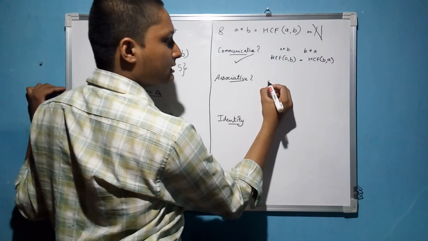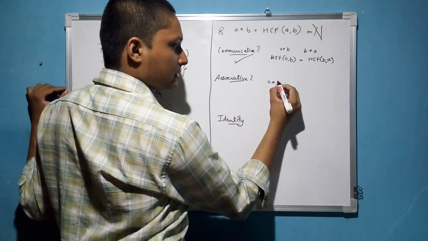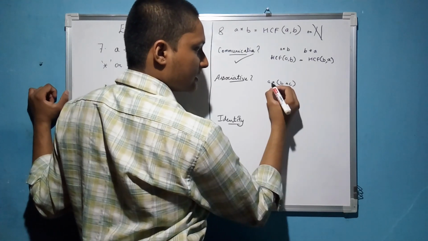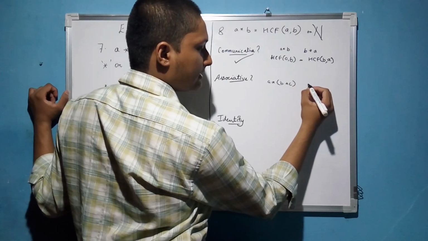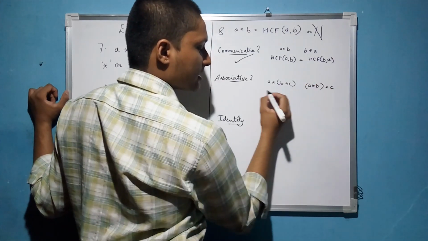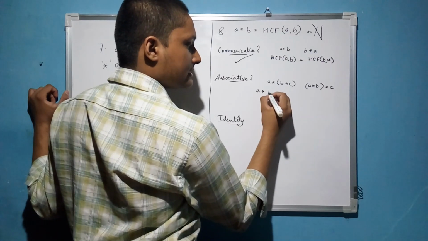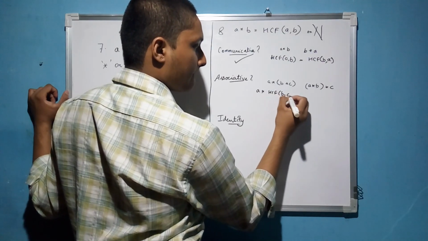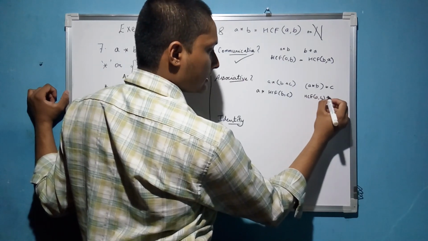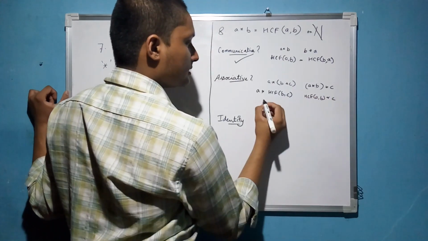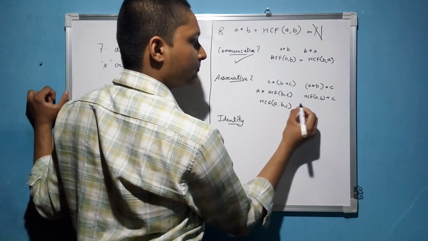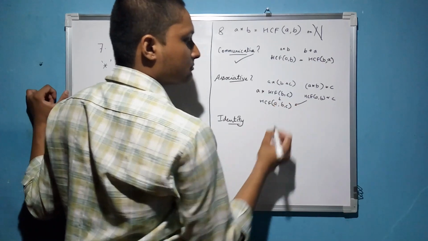Okay, now we are going to have the third associative part. You need to check whether it is associative. And this is (A star B) star C and A star (B star C). This comes to be HCF of A and B, star C, and this comes to be A star HCF of B and C. Okay, so at last you are going to get this as HCF of A, B, C, and this also you are going to get the same.